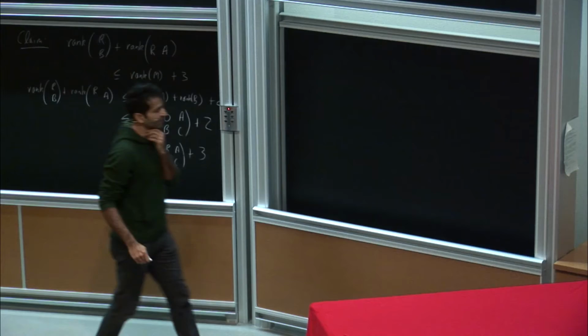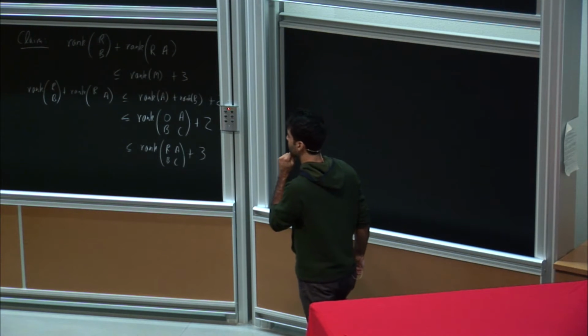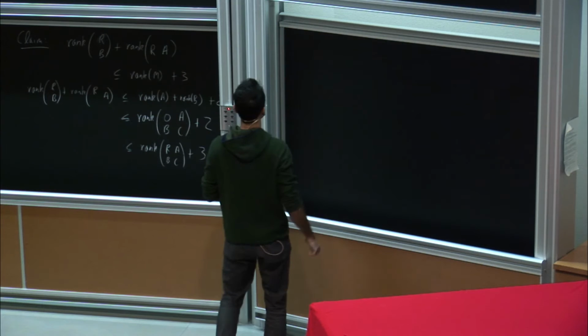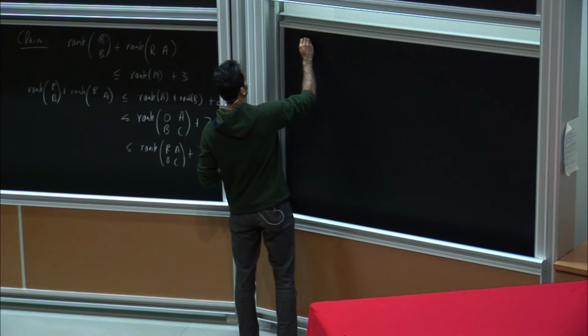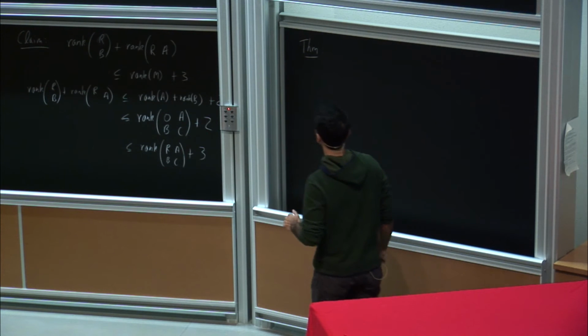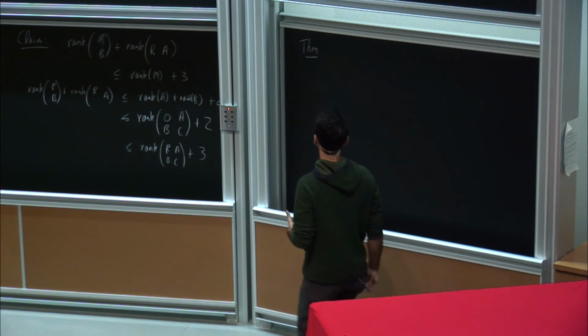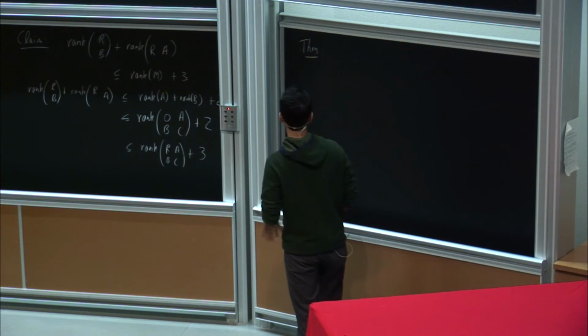So the main technical theorem from geometry that's useful here, I'm going to try and prove the main lemma. Let me tell you a really nice theorem. The theorem talks about convex bodies in Euclidean space.